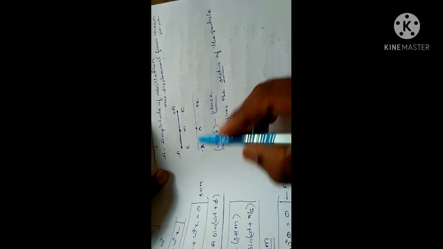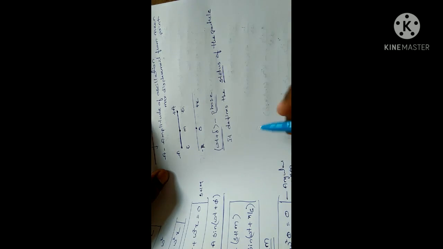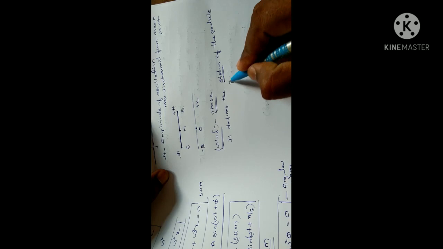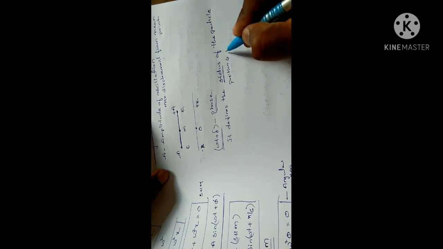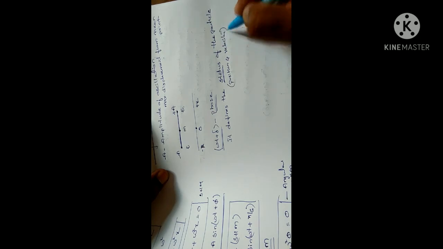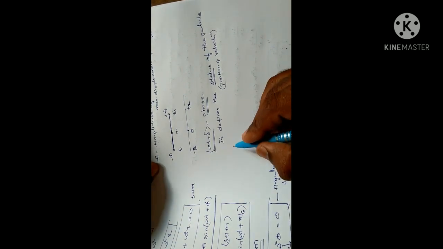Here the particle is moving along the x-axis, positive or negative, whatever it might be. The phase always indicates the position of the particle and the velocity of the particle. So status means it defines the position and velocity. You will come to know with an example.